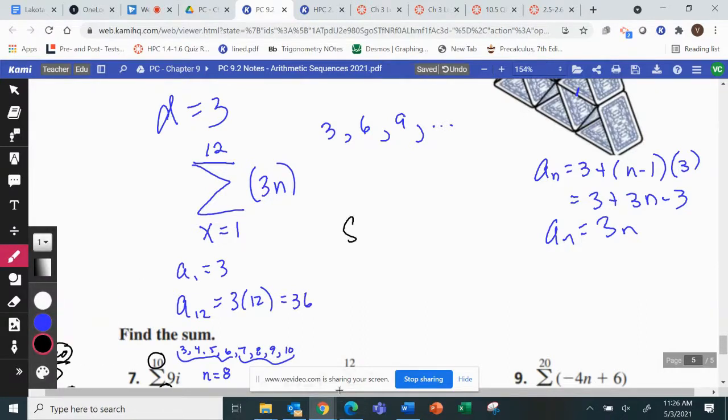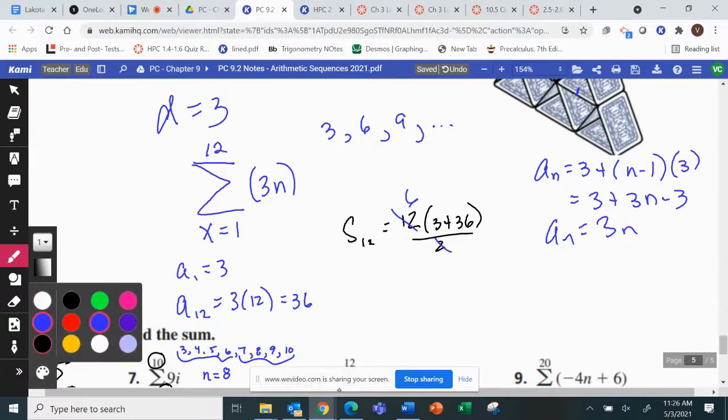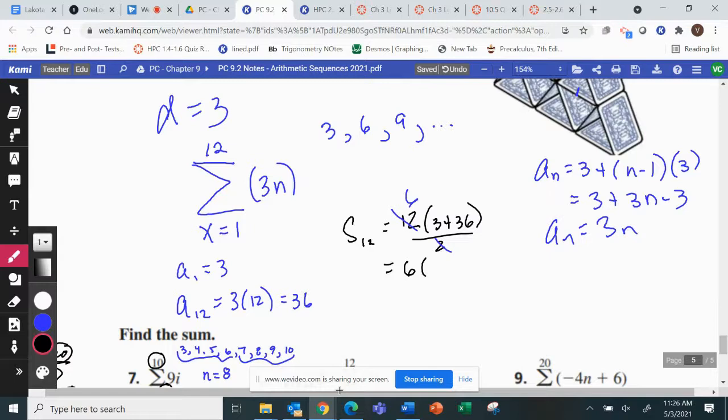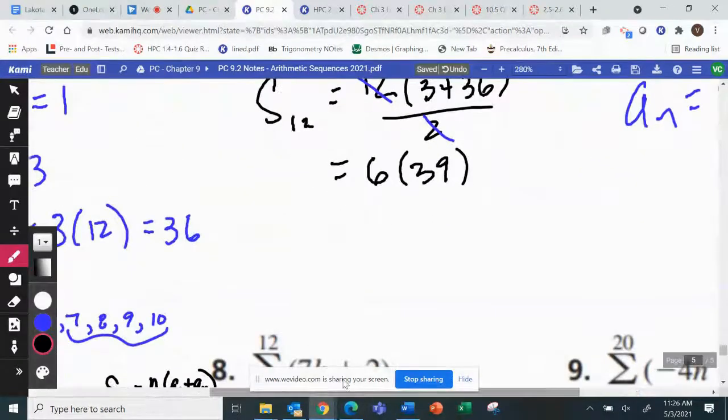So we'll use that sum formula for 12. Do 12 times 3 plus 36 over 2. So I have 6 times 39. All right, I'm going to do that trick again, the distributive property.